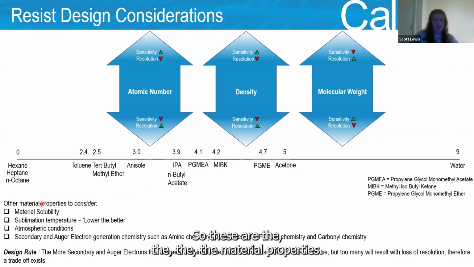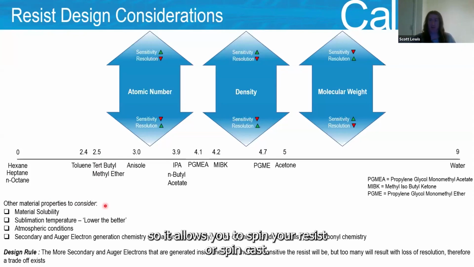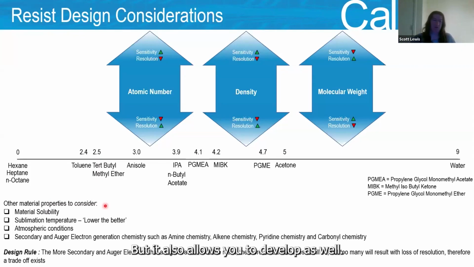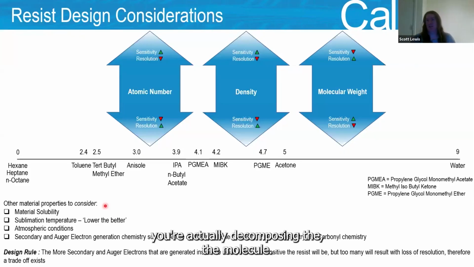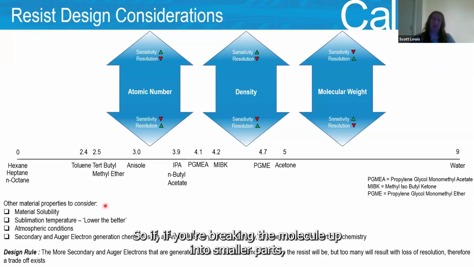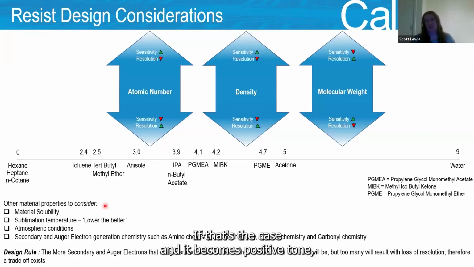So these are the material properties that I always consider. Material solubility is very, very important, because it allows you to spin cast your resist, but it also allows you to develop as well. With an electron beam, you're actually decomposing the molecule. If you're breaking the molecule up into smaller parts, it's going to become more soluble, and it becomes positive tone.